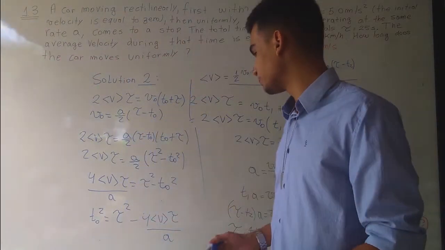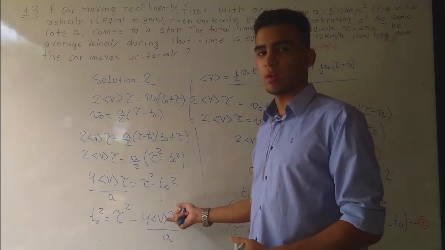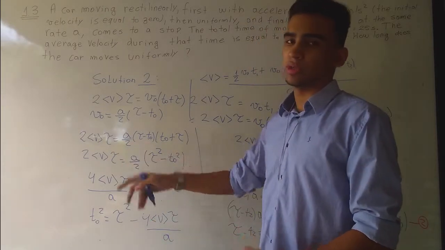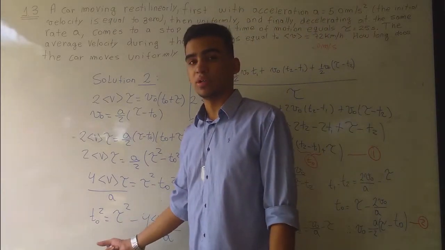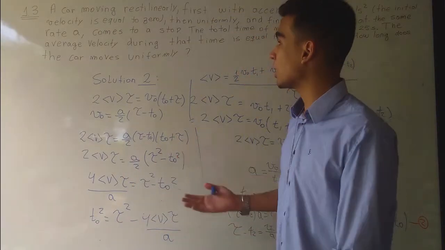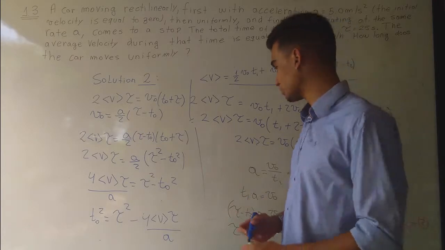We just need to put our tau in common and take the square root of both sides, and we will have T0, that is how long the car moves uniformly.